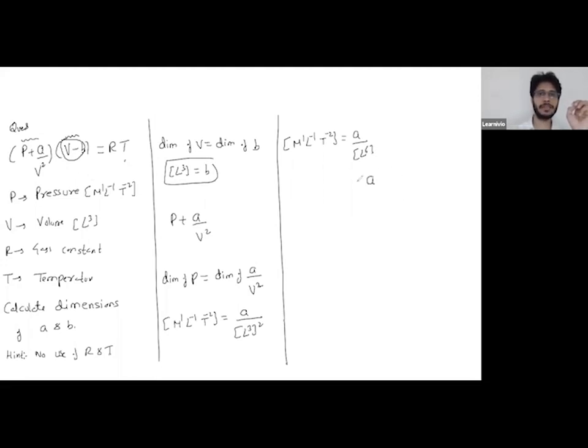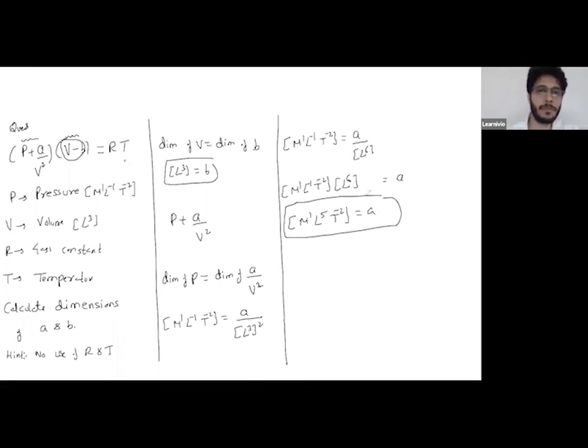So this A is simply M1 L minus 1 T minus 2 into L6. If you multiply, this is M1 L5 T minus 2. So this is the dimensions of A.